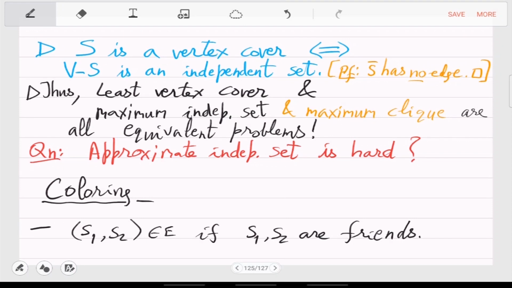So vertices are students, and where are the examination halls in this? Yeah, so here the colors will be examination hall numbers. So examination hall 1, 2 and 3, you can then say that we'll color vertices with 1, 2 or 3, and you don't want an edge to be monochromatic, which means that a friend pair should not be in the same hall.